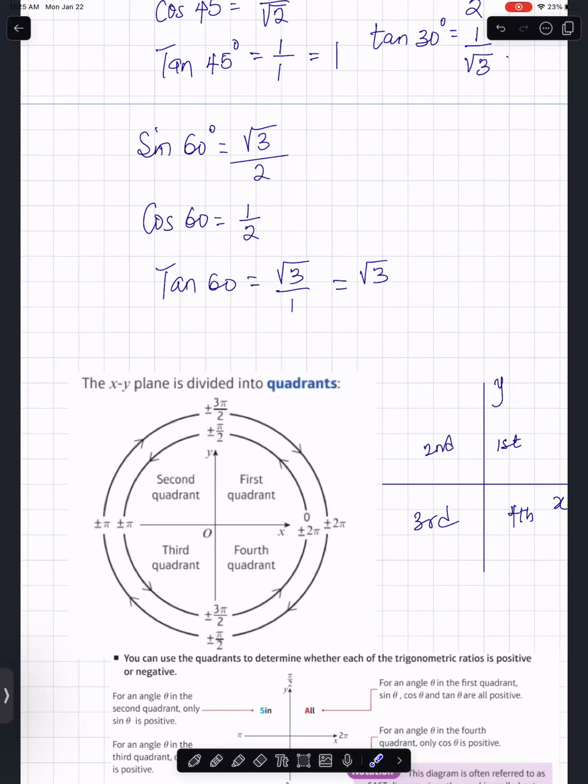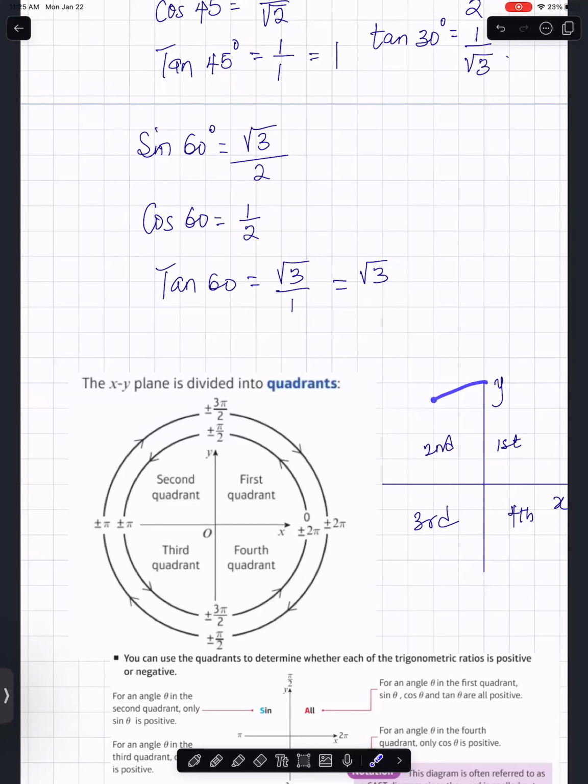The first quadrant is from 0 to 90 degrees, excluding tan 90 degrees, where you press on your calculator and have a math error. Every other value ranging here is a positive value.